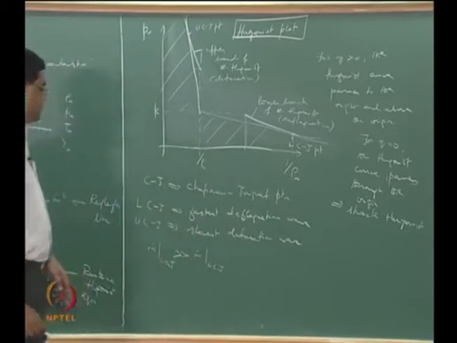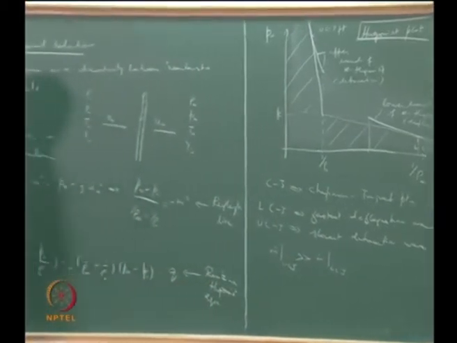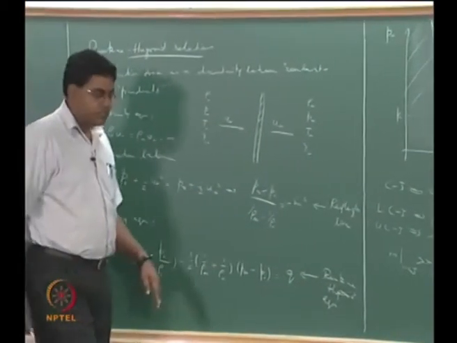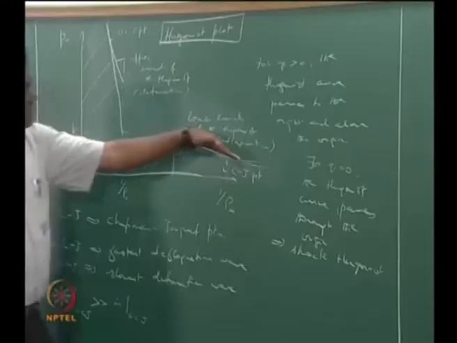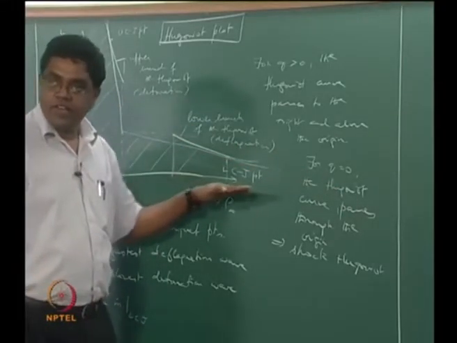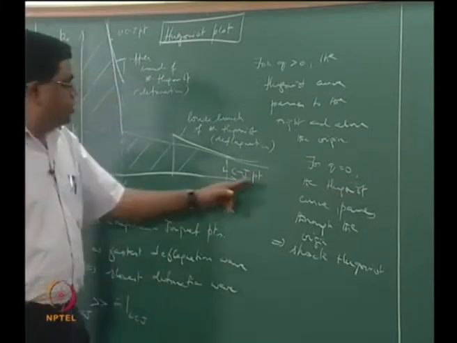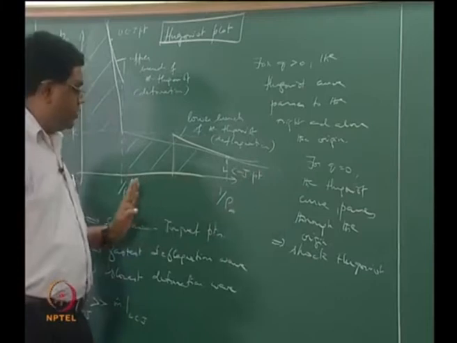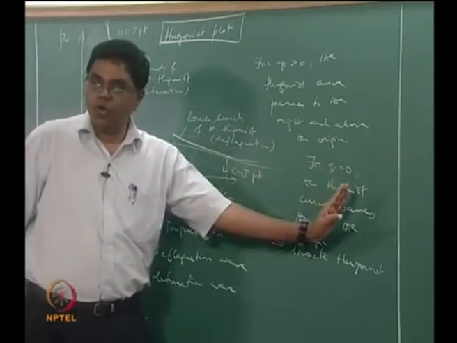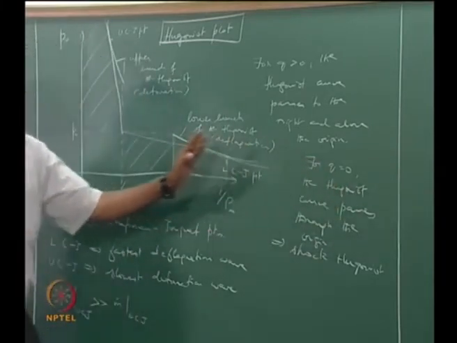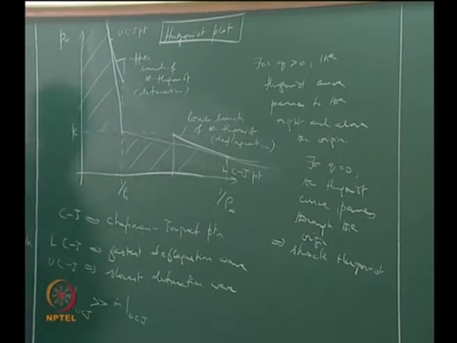What you will notice, if you now try to actually look at the mathematics of this, is that it would ultimately go and intersect the x-axis or the abscissa, and where it intersects is where you would get the maximum value of 1 over rho infinity, and the corresponding value of P infinity would be 0.